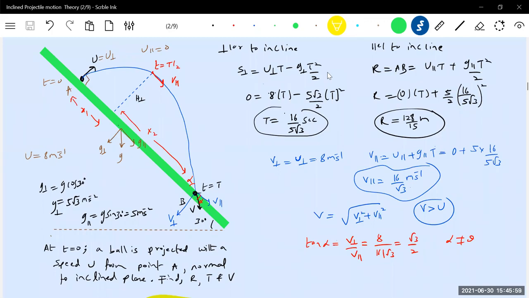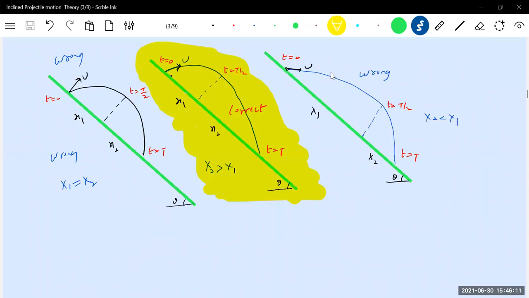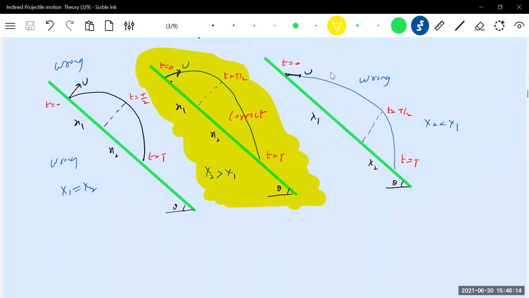It's not something very, very difficult. Okay, first you scribble this. I'll scroll up also. First you finish this.